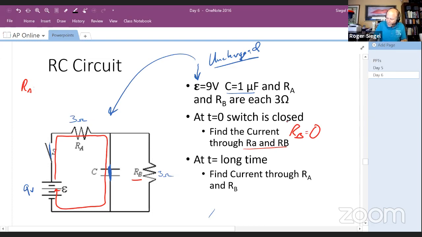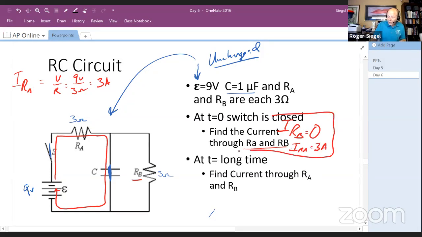Now RA: I is equal to V over R. So when I first close the switch, I've got 9 volts and a resistance of 3 ohms, and so that's going to give me 3 amperes. So IRB is 0 and IRA is 3 amperes for the first part.